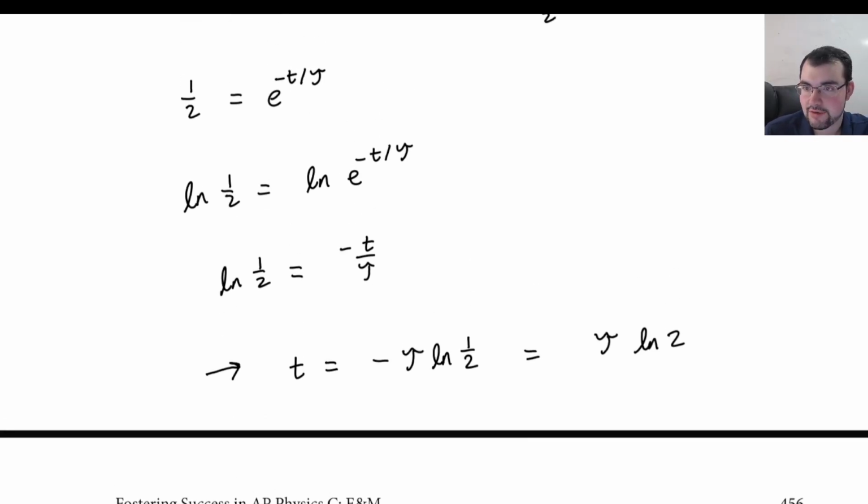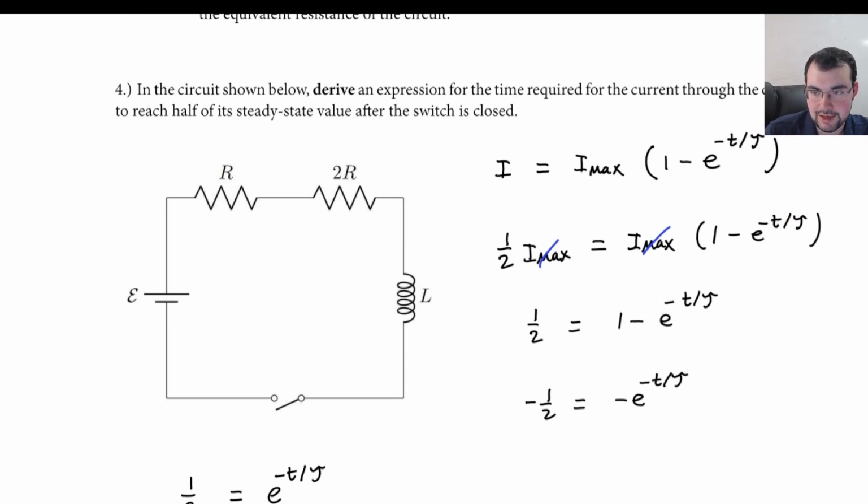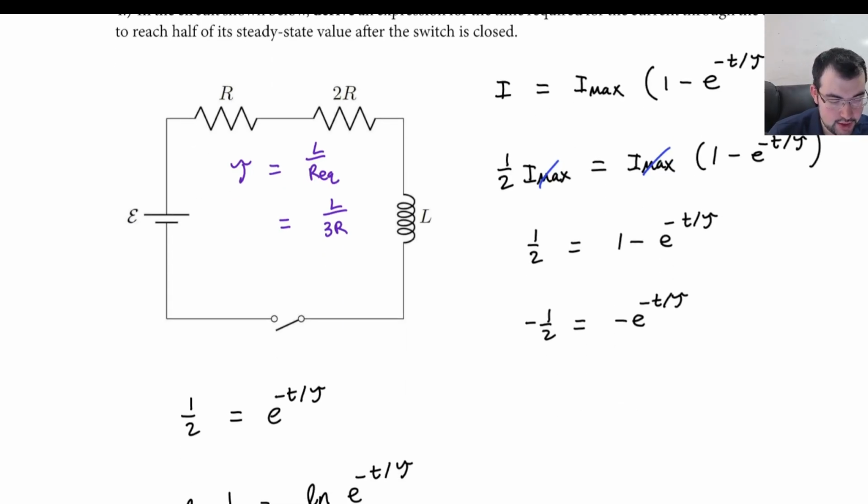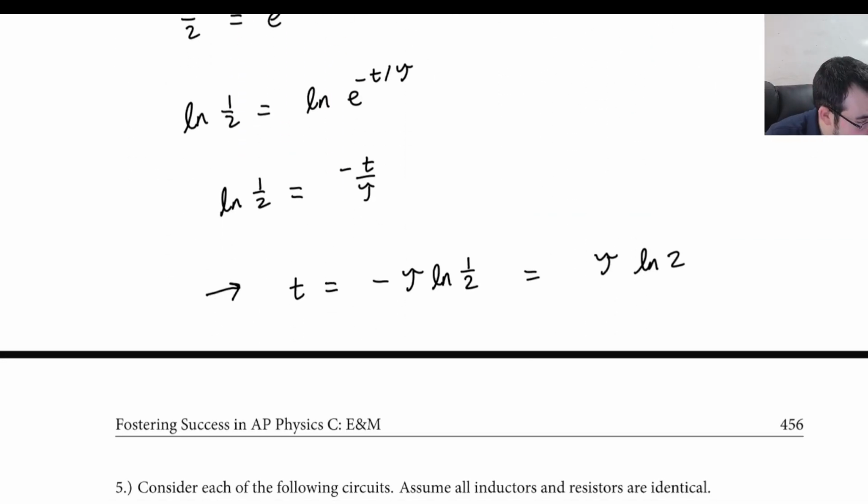But tau is not a variable we're allowed to use. You got to figure out what that is. So we'll do that in here actually. We know that tau for this circuit is L divided by Req. And Req is very easy. It's just a 1 and a 2 in series. So it's L divided by 3R. So that allows us to just plug that in down here. So we get the time constant times natural log of 2.